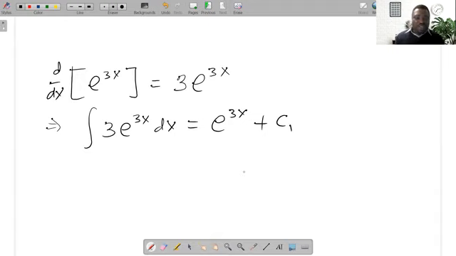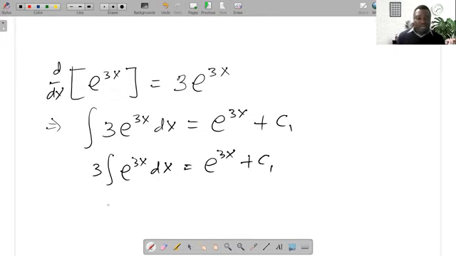The reason is because I can pull this 3 outside the integral and then isolate my integral of e to the 3x dx, and then I'll get both sides divided by 3. So I can rewrite this, which you can always do by way of the first rule, and then divide both sides by 3 so that I isolate this one here.